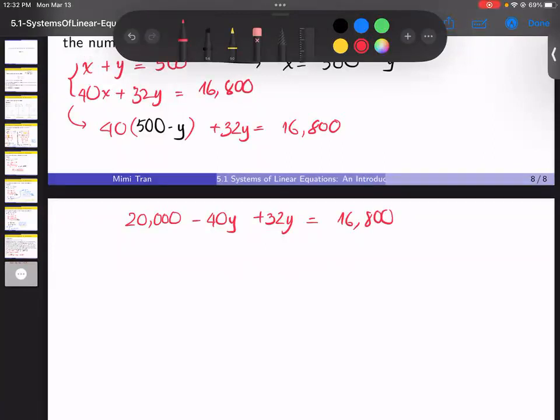Negative 40Y plus 32Y, that's negative 8Y. 20,000 minus 16,800 is what, 3,200, right? Negative 8Y equals negative 3,200.